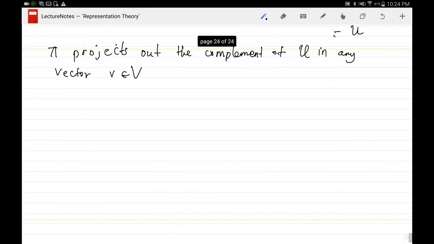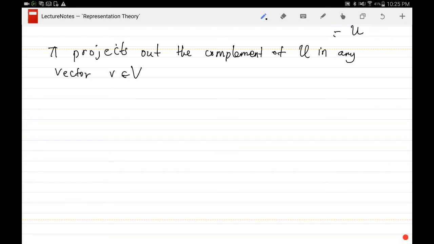Okay, now remember we're trying to prove Maschke's theorem. Maschke's theorem says that if you give me a sub-representation space, then I can find another representation W such that the direct sum of that other representation space and the one that I have already gives me the whole representation space V. So what is the reasoning behind what we've defined?